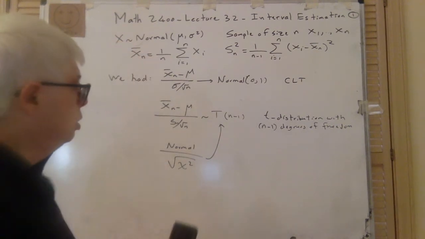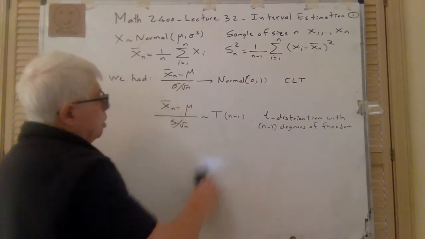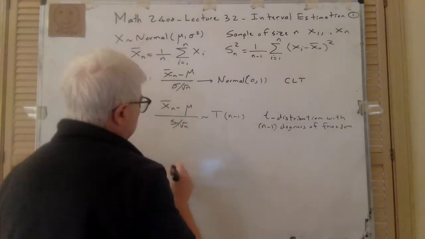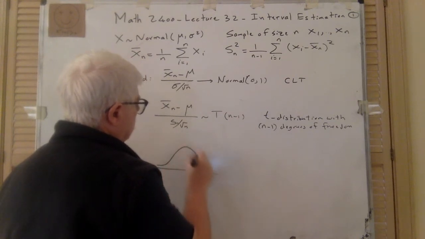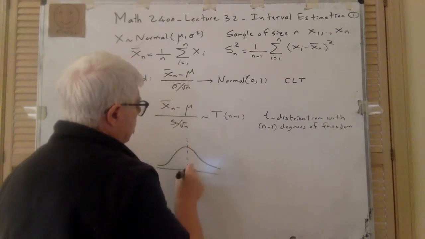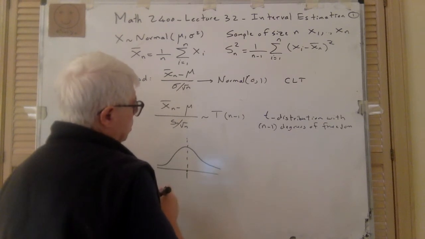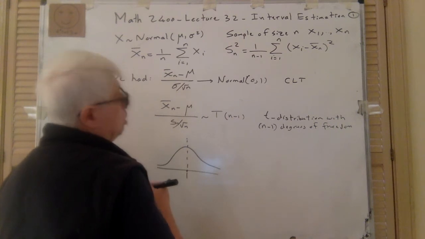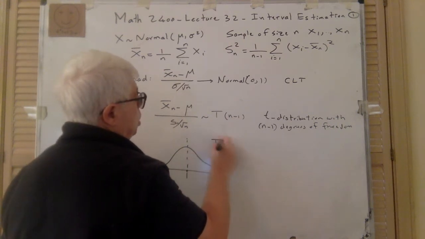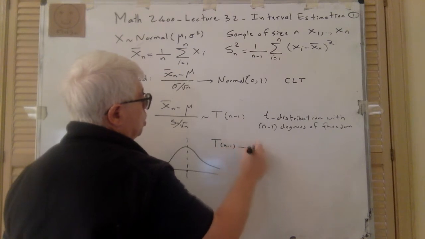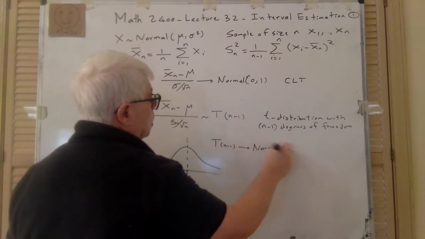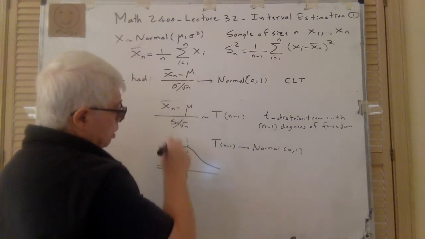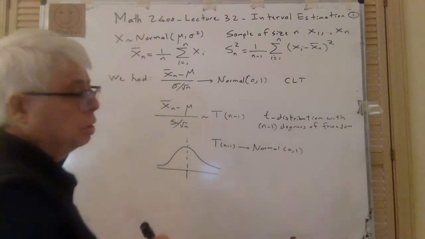And the T distribution is just amazing because I discussed this before. It is symmetric, its average is 0, and as n goes to infinity, the T distribution becomes a normal 0, 1. So T n minus 1 goes to normal 0, 1. It really looks like normal 0, 1, except that it changes as n gets larger and larger.